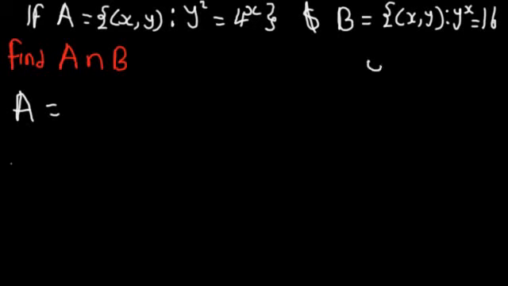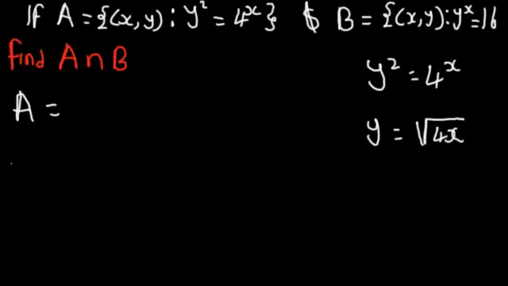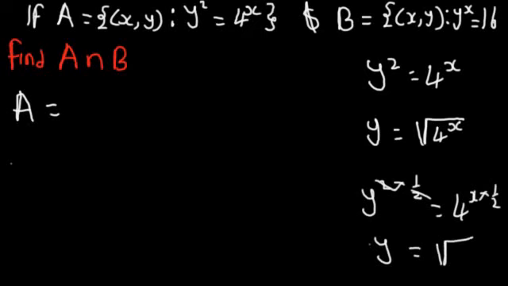Now it turns out that y will be equal to the square root of 4 raised to the x. Why? Because when we raise both sides to the power of half, y squared raised to half is equal to 4 raised to the x raised to half. Then this cancels, and we will have y equal to the square root of 4 raised to the x.